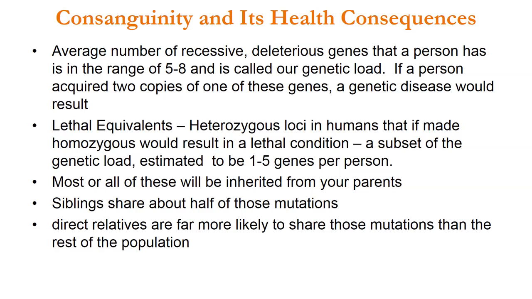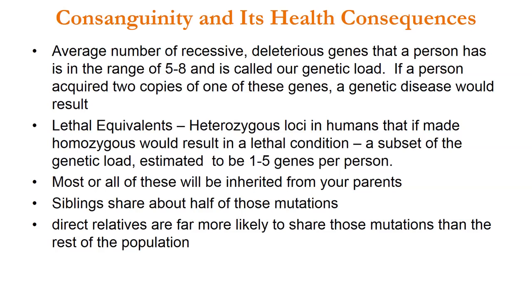This is just for illustrative purposes. 1 to 5 genes would be lethal if you had 2 copies of that mutant gene. Kind of scary to think about that, you know, in all likelihood, in some pathway in your body, you've only got 1 functional gene there. And in all likelihood, you have multiple cases of that, okay?